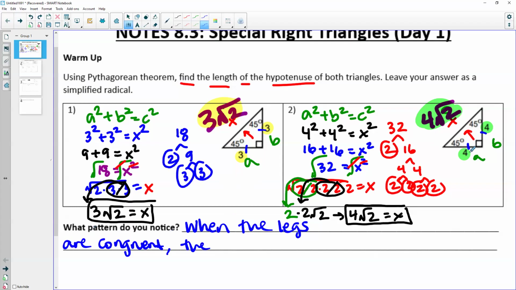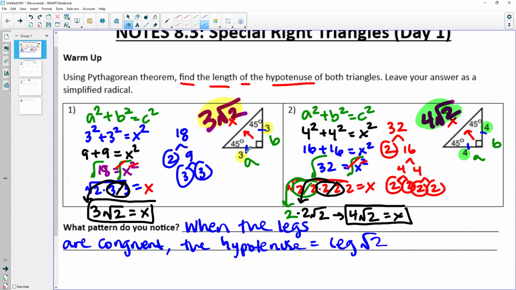Same idea over here. My hypotenuse is the leg length of 4 multiplied by the square root of 2. So when the legs are congruent, then the hypotenuse equals the leg times the square root of 2. And so that's the pattern that we're trying to get you guys to realize here.